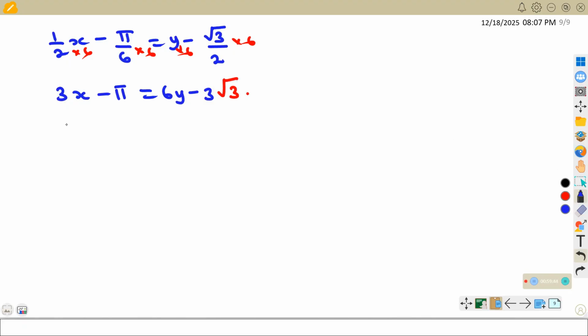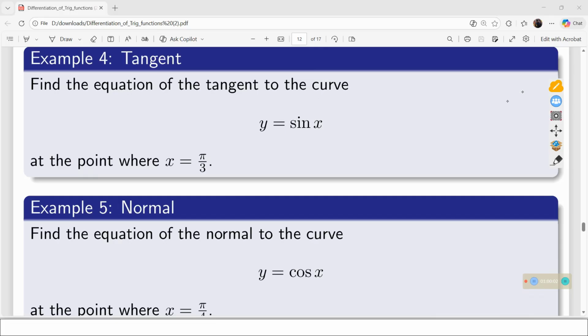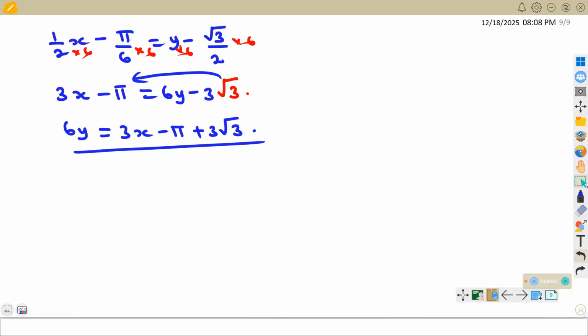So we can rearrange this to have 6y equal to 3x minus pi plus 3 root 3. So basically, this will be the equation of the tangent to the curve.